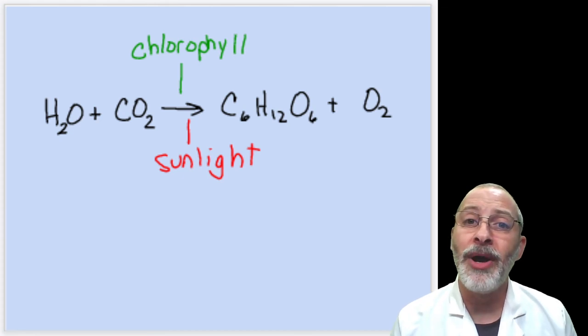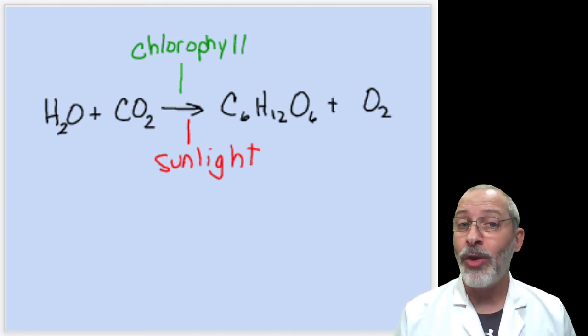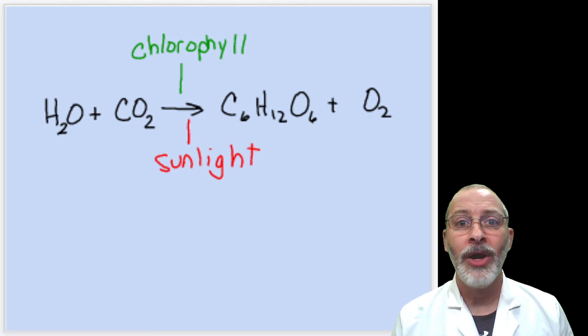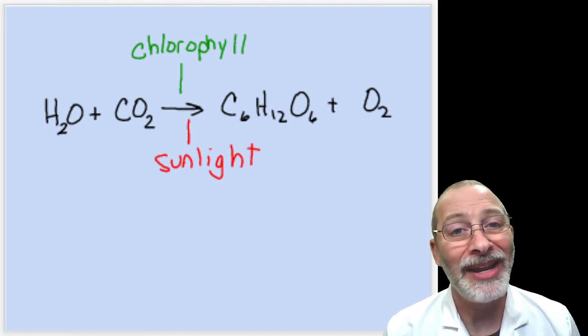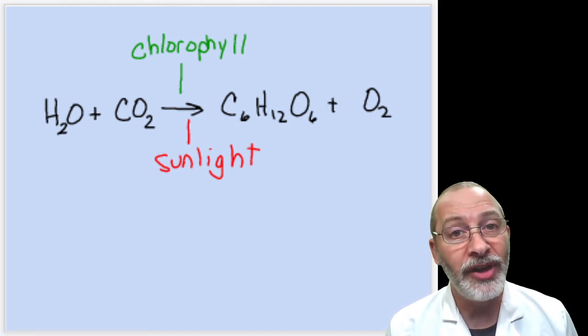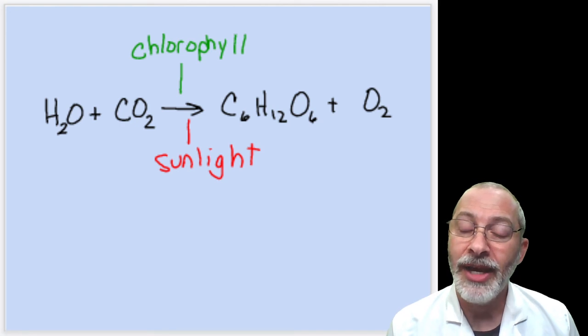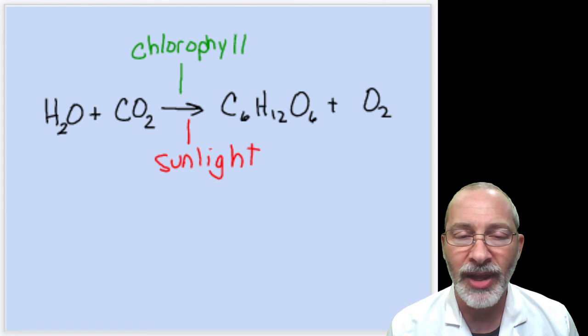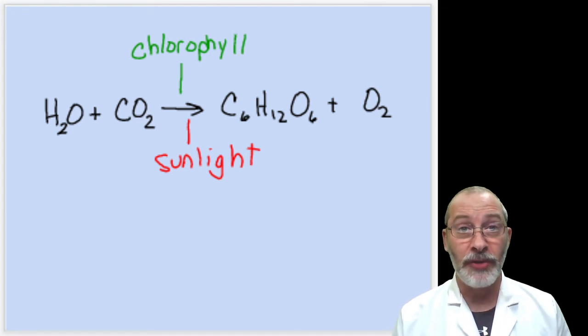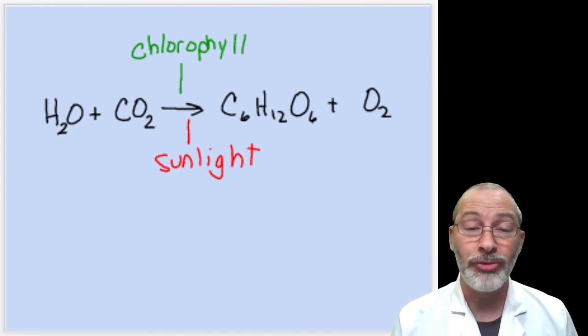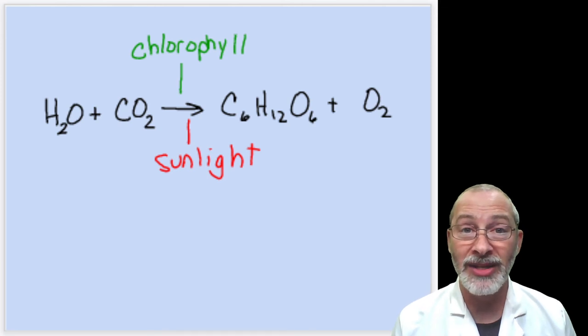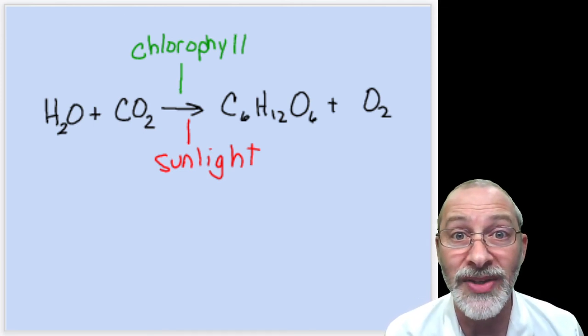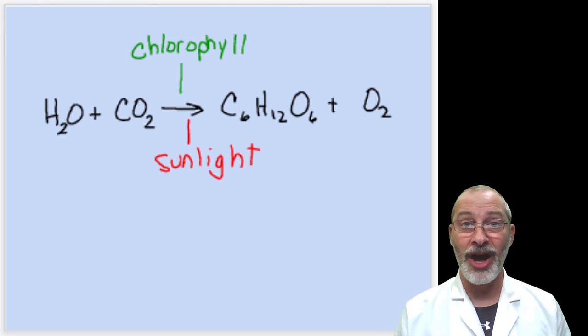But what I've written above and below the arrow or the yields symbol are two catalysts, chlorophyll and sunlight. Without chlorophyll and sunlight, this reaction does not take place. But in the presence of chlorophyll and sunlight, this reaction between water and carbon dioxide does take place and produces sugar and oxygen.